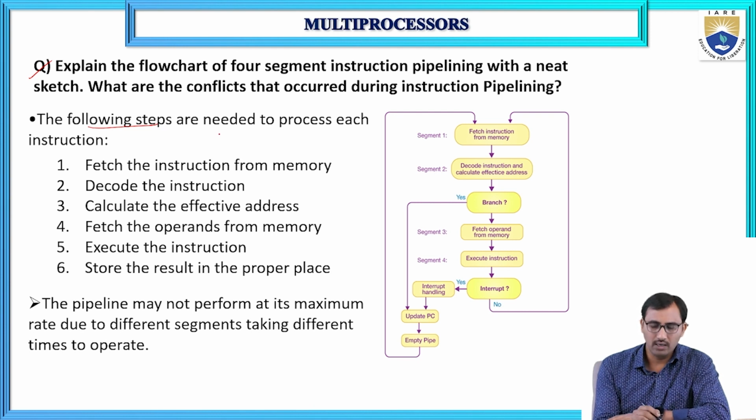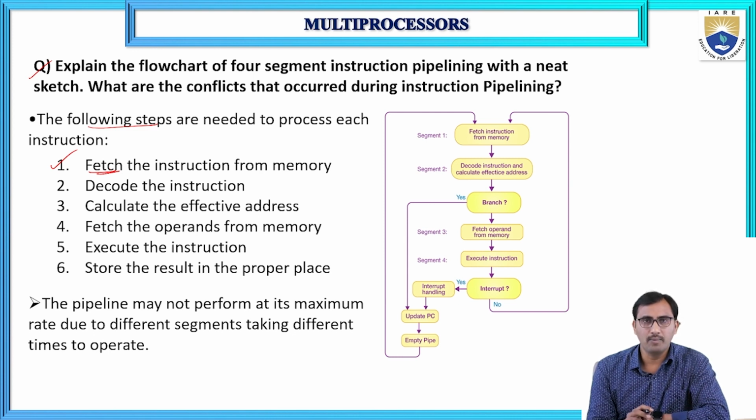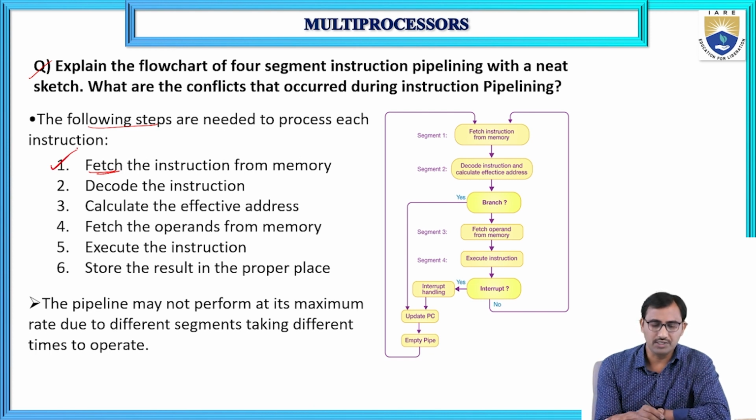The first one is to fetch the instruction from the memory. Fetching is nothing but retrieving the instruction from the memory, because we are storing our program in the memory. So that is the first step.